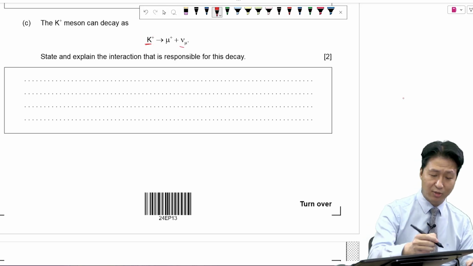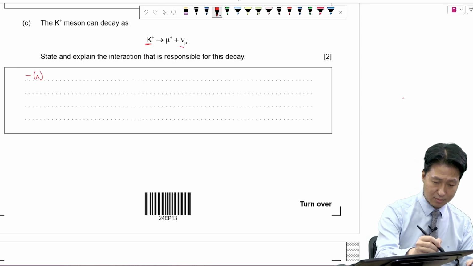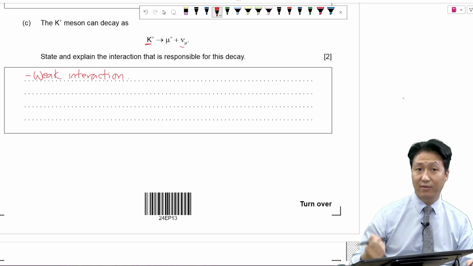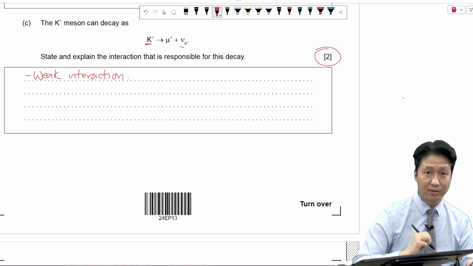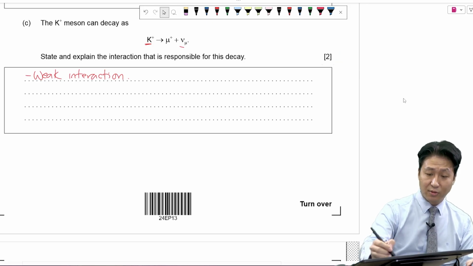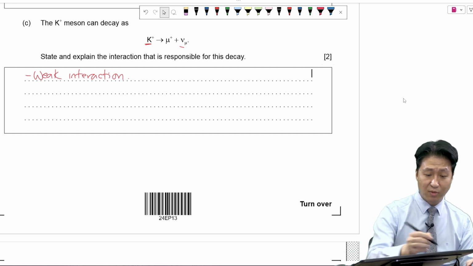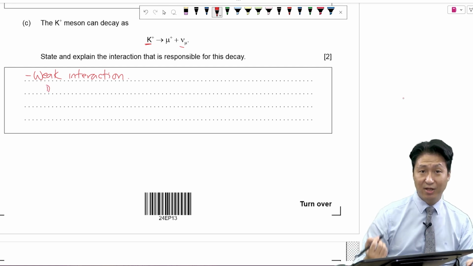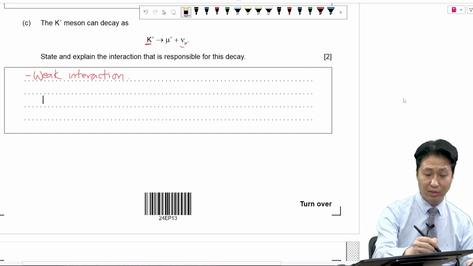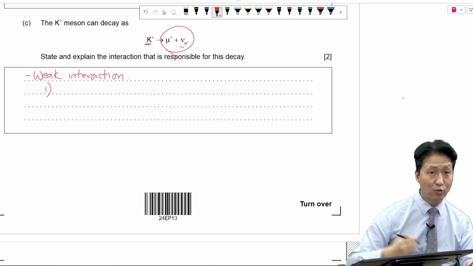It must have been a weak interaction. Now you have to know the reasons for this. So one of the reasons is, number one, the positive kaon has a strange particle or strange quark, and in this interaction, this strangeness is not conserved.